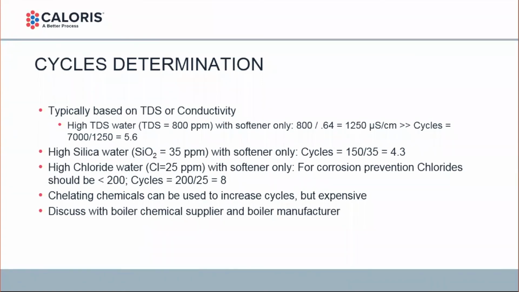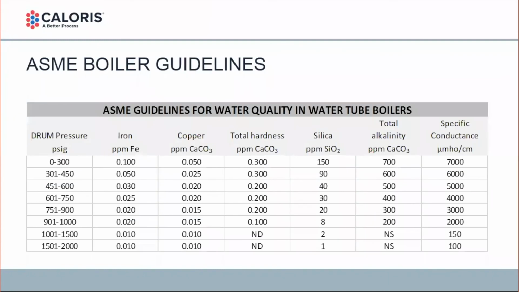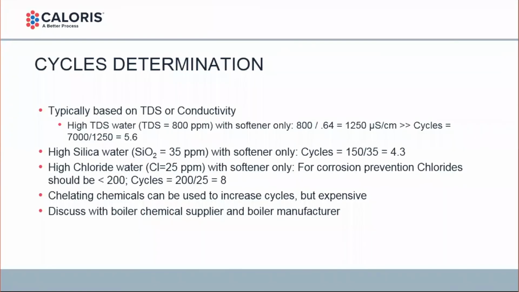So that's what we're doing here. 800 divided by 0.64 gives us 1,250 microsiemens per centimeter in the feed water going to the boiler. So for the cycles, we're going to use that. Back here we recommended for a 0 to 300 pound boiler, 7,000 for the specific conductance. You take 7,000, divide by that 1,250 in the feed water. That's going to give us cycles of 5.6.